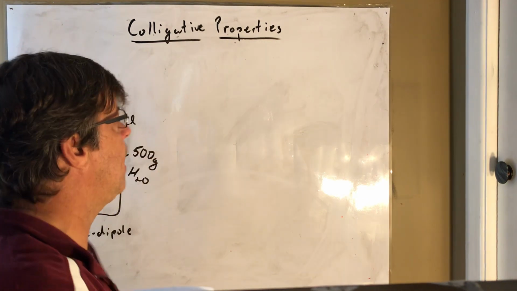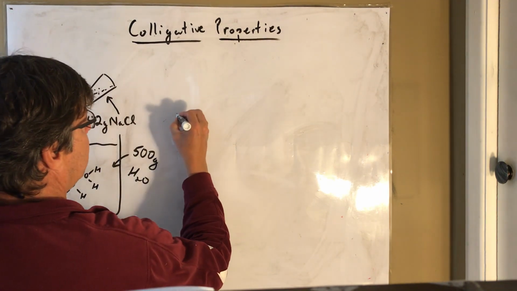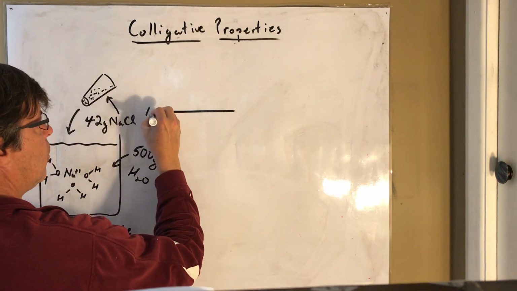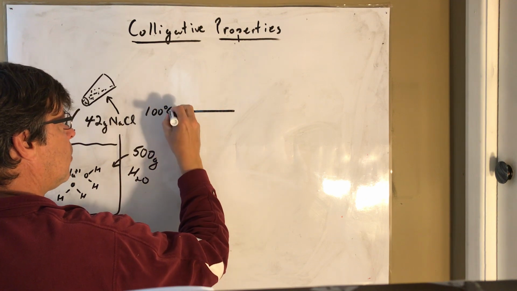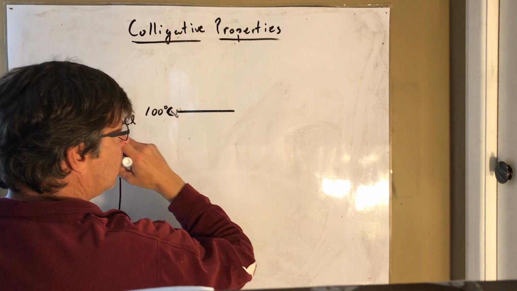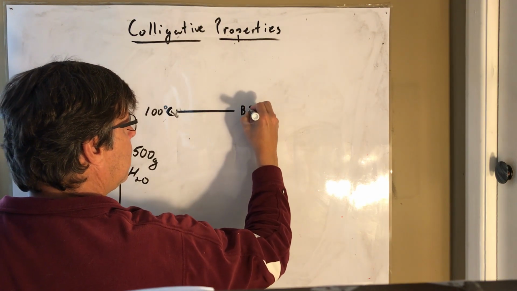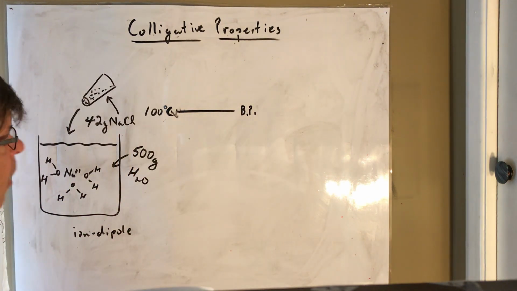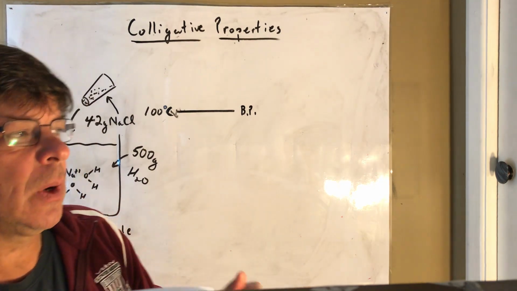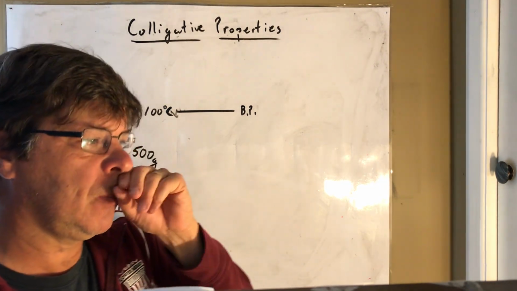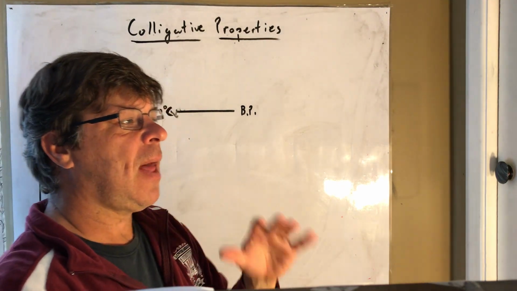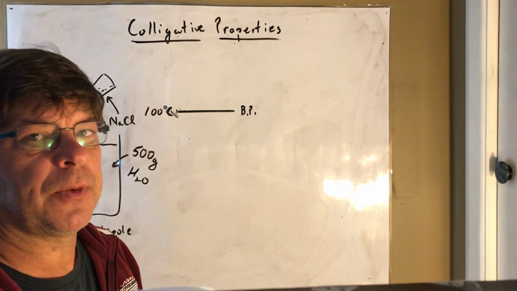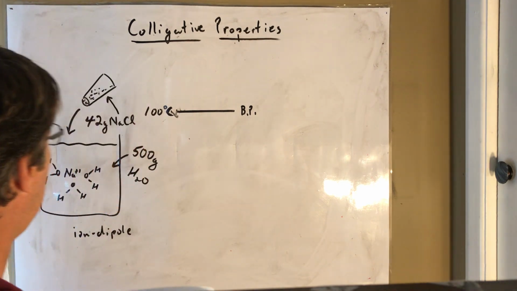So we know that water typically boils at 100 degrees Celsius. So that's just the boiling point of water. Well, whenever we add anything to water, the boiling point is elevated. And I think it's easy for you to understand why.